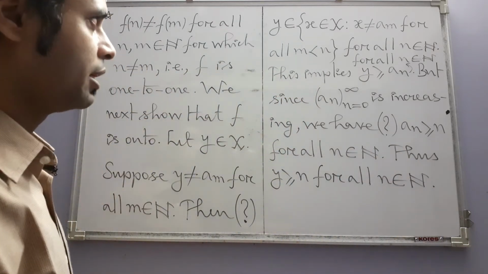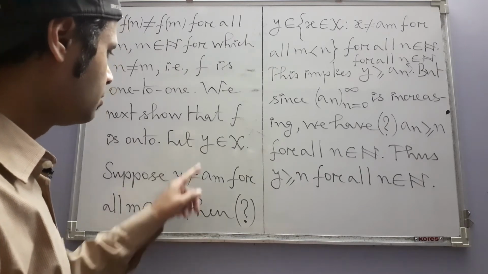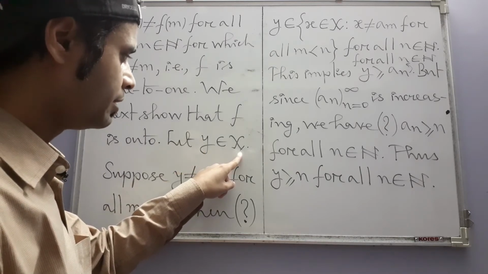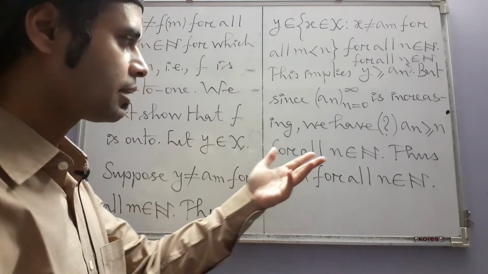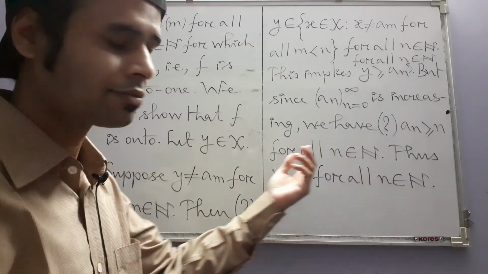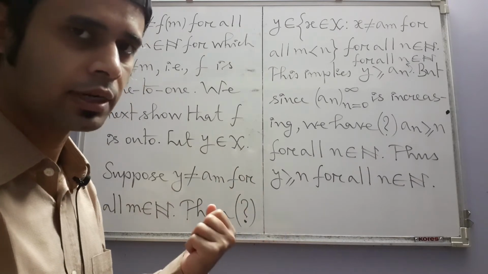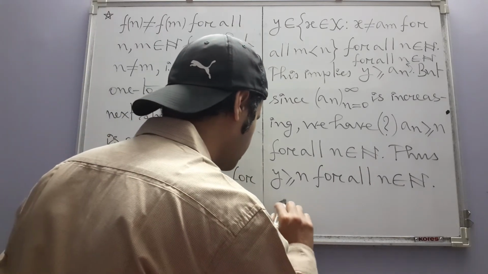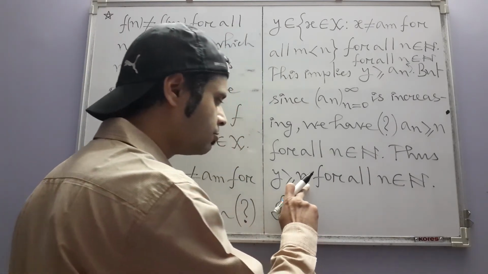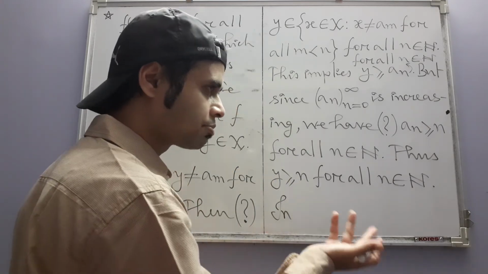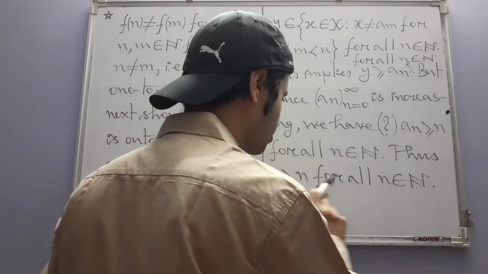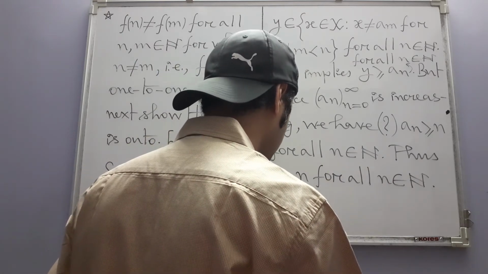But what is y after all? y is in X, y is any element in X, and X is a subset of the set of natural numbers. So after all, y is itself a natural number. So in particular, you can choose y plus 1 in place of n, because y plus 1 is a natural number, and this is true for all natural numbers n.